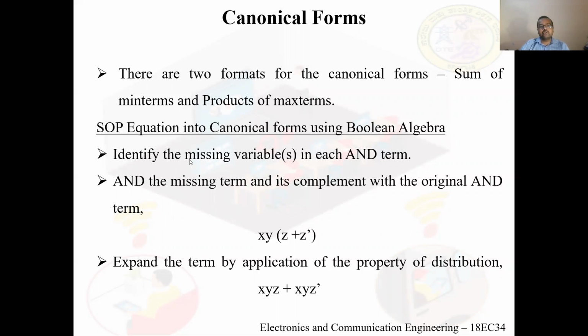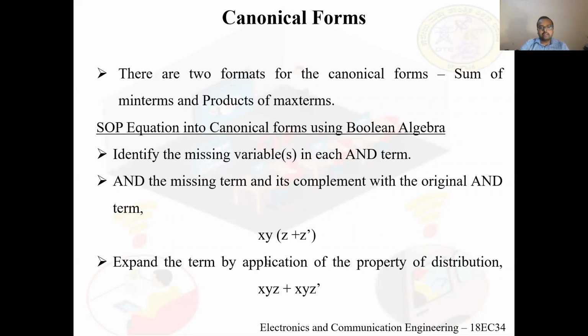The first thing is you need to identify the missing variable in each AND term. In each AND term, when I say that, it is nothing but a min term, in the sense a product term here. Then AND the missing term and its complement with the logical AND term.